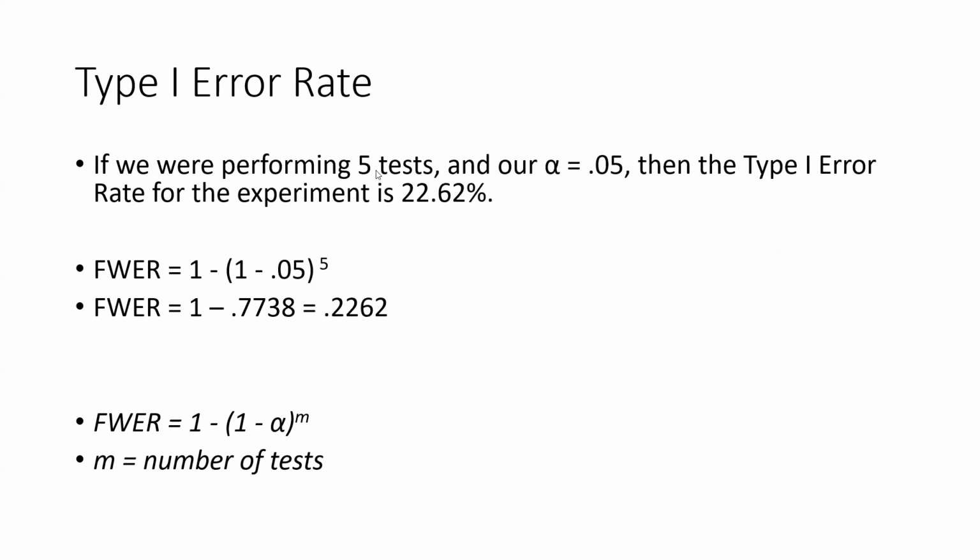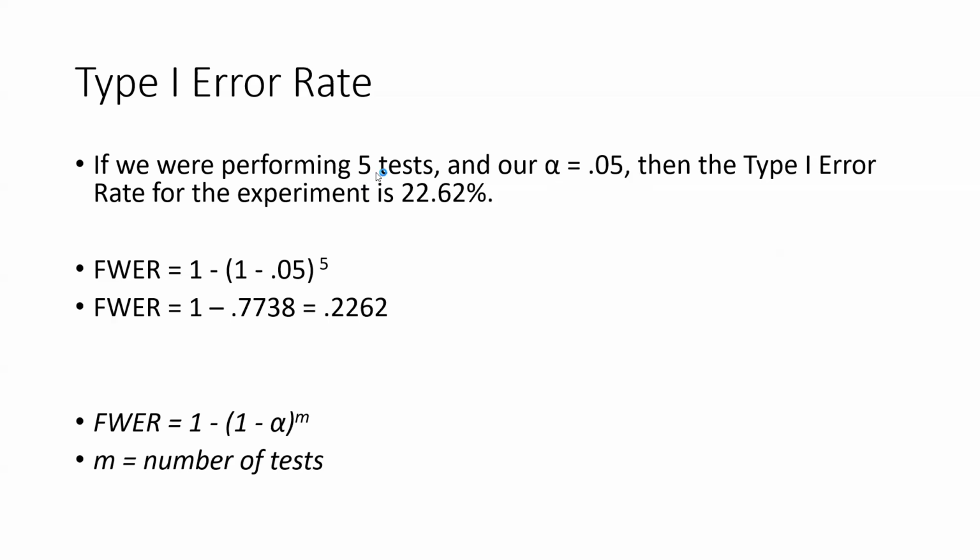Now, if we're performing 5 tests, our alpha value being 0.05, then our type 1 error rate for the experiment is 22.62%. What changed? Well, as I mentioned previously, 1 is going to remain the same, both outside the parentheses and within the parentheses. Our alpha value is still 0.05, so we place that there.